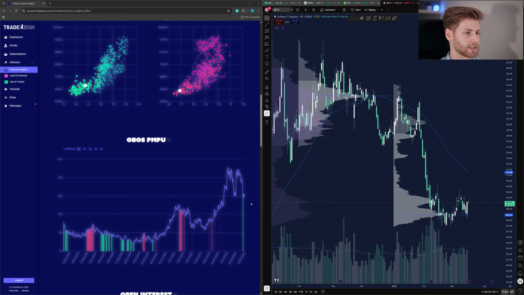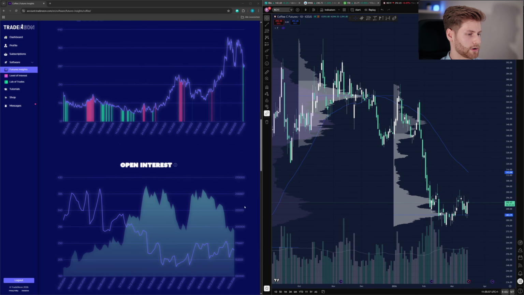But due to the fact that we just got the signals and the prices have not moved significantly, we can still use this positioning and this signal that we just got recently for a long fundamental bias.